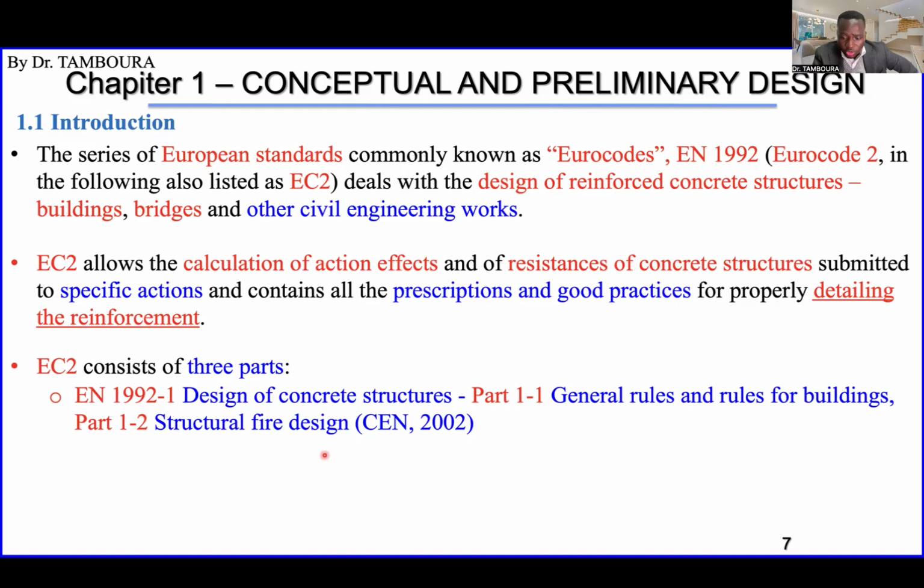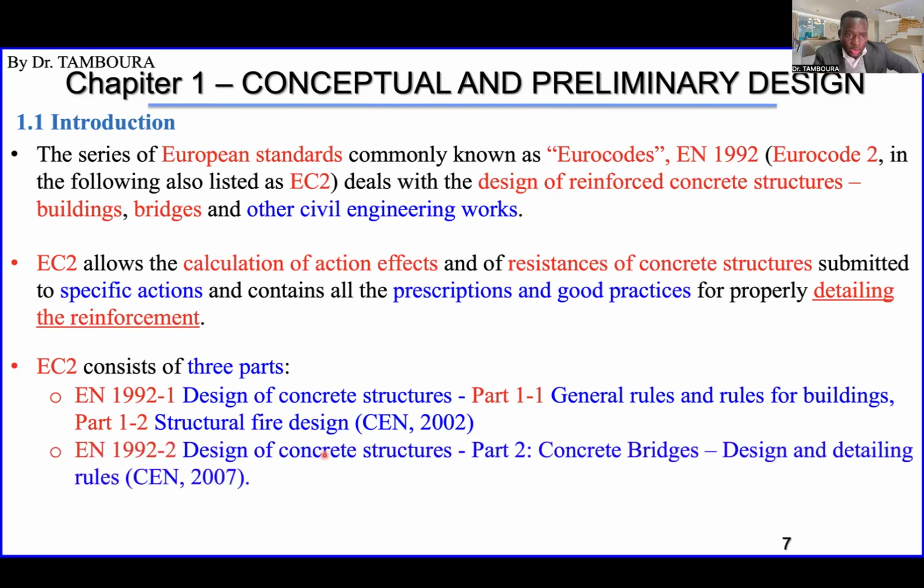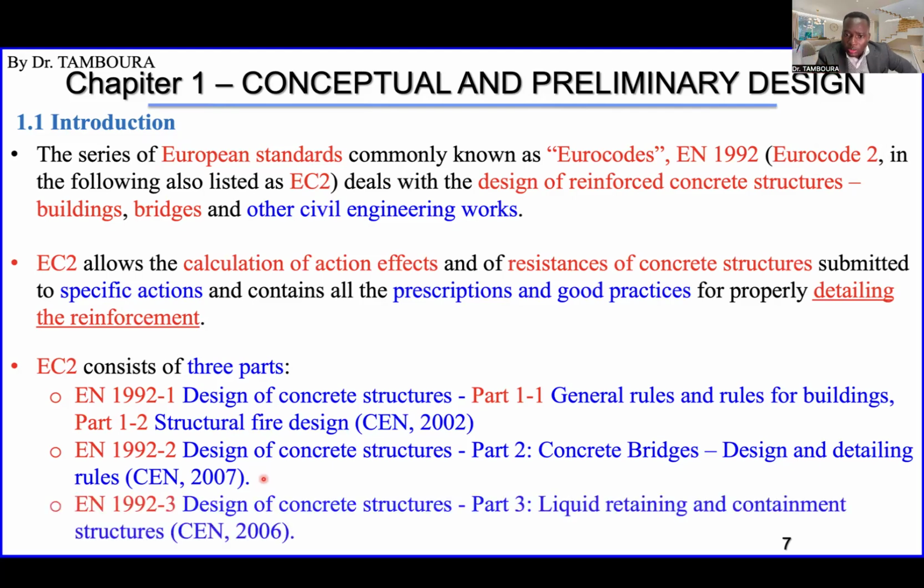Now part 2 of Eurocode 2 is about concrete bridges, design and detailing rules. And the third and final part of Eurocode 2 is about liquid retaining and containment structures.